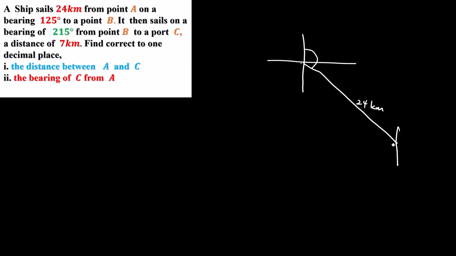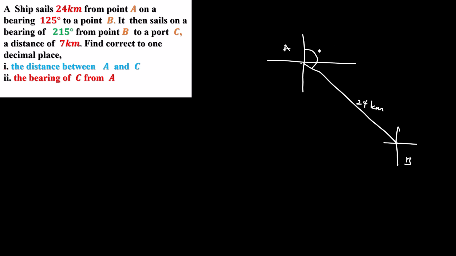Let's sketch it here. 125 is behaving like this, 24 kilometers. So we have A, then B. That's the first statement.